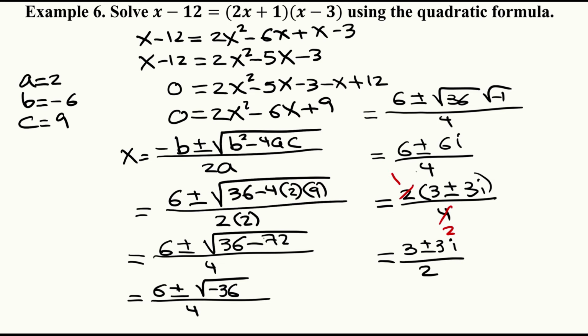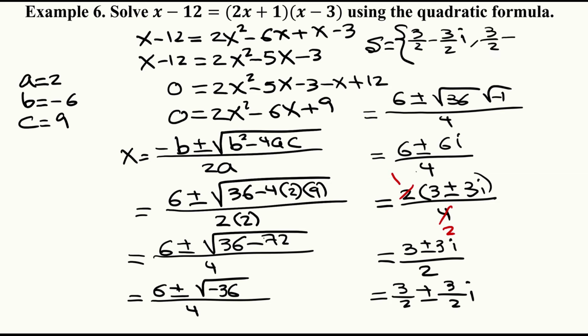Now, it's okay to leave the solutions like these, but it's usually mandated and preferred that you put them in standard a plus bi form. So to get that, we're going to break that up as 3/2 plus or minus 3/2 i. Now we can write our solution set to contain 3/2 minus 3/2 i and 3/2 plus 3/2 i.